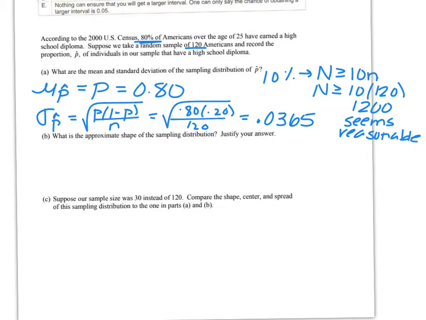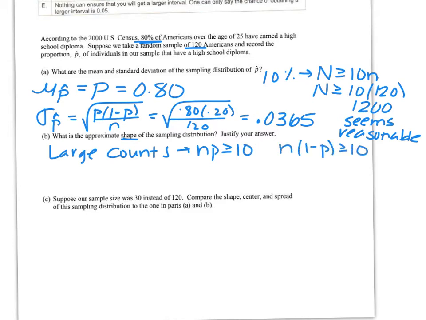The next question says, what's the approximate shape of the sampling distribution? Since we're talking about proportions, we're gonna check that large counts condition. Remember that large counts is when we check n times p greater than or equal to 10, and n times 1 minus p greater than or equal to 10. So in this case, n is 120, p is 0.8. So that's 120 and 0.2.